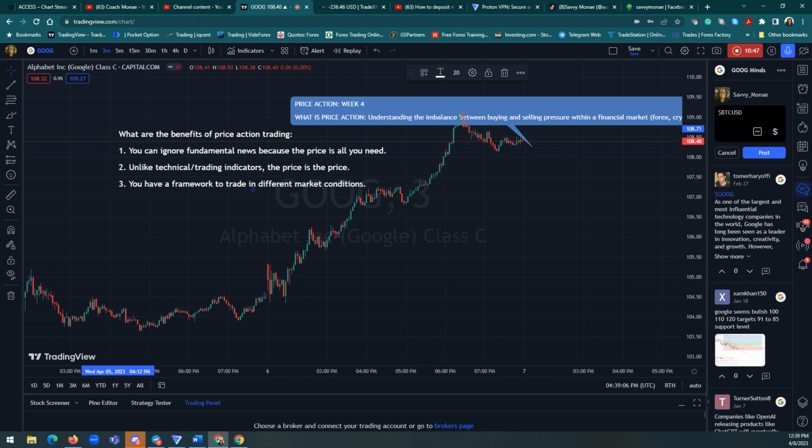Here's an example. Google stock had a negative earning in 2014, 2015, and 2016, but the stock price still gained 700% in 12 months. If you were trading based on the news, you probably got burned and missed the monster rally. Now, when we talk about rally, we're talking more about supply and demand with price movement.